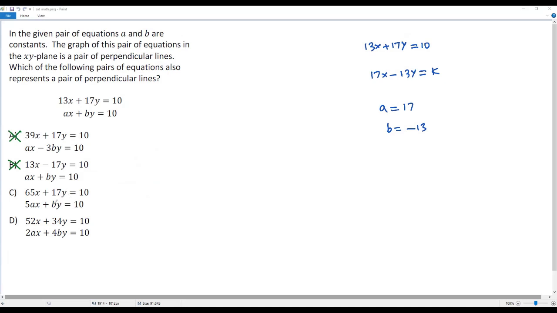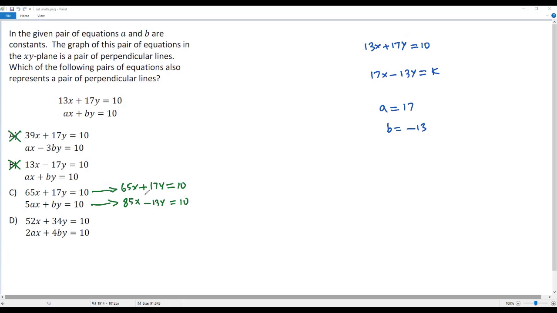Now let me consider the pair of equations in answer choice C. Let me take the first equation as it is, that is 65x + 17y = 10. Let's plug in the values of a and b over here. 5 times 17 is 85x, and for b, when I plug in -13, I'm getting -13y = 10.